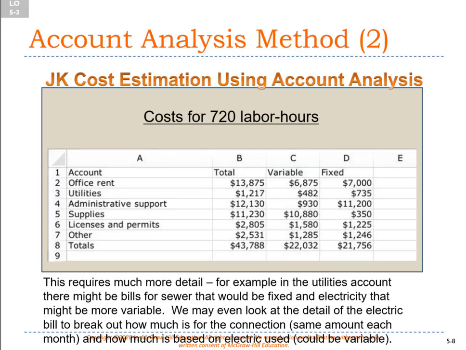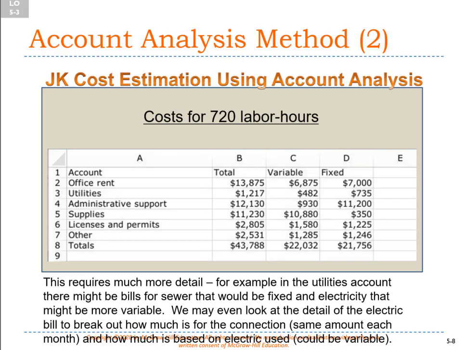You would look at all of the costs, and in this case, you've got an office rent, and you would dig into the actual contract with rent, and from this perspective, it looks like we're paying a certain amount per month fixed, regardless of what happens, and then some variable amount.